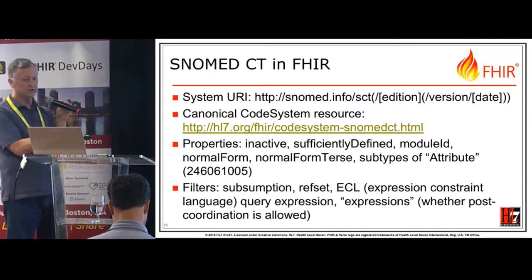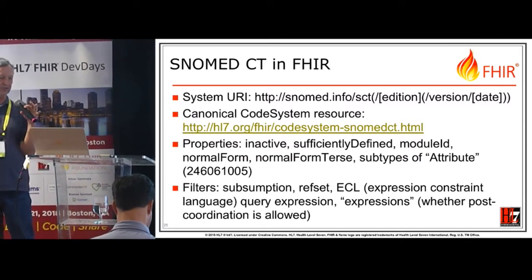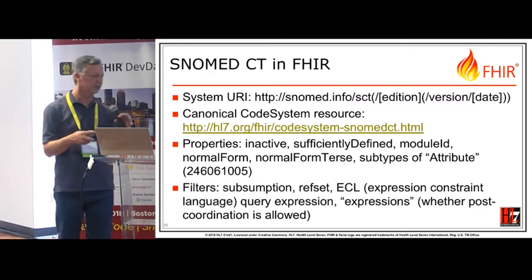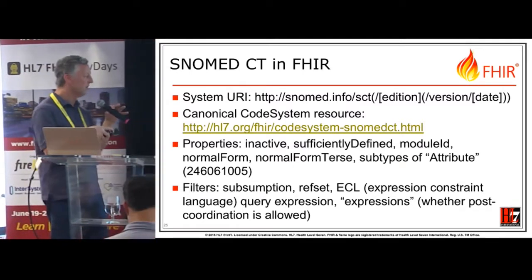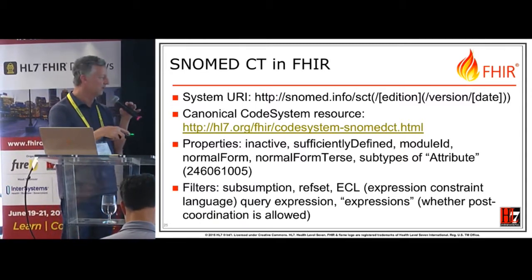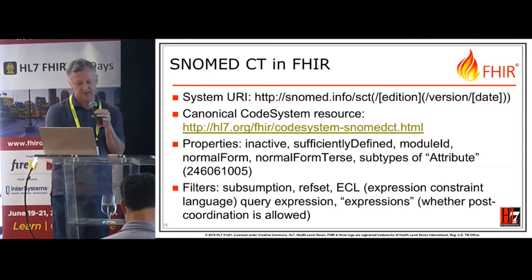HL7. There are also expressions that you can do. In SNOMED you can post-coordinate, and so you can basically build expression queries that can be used to find codes and used as a filter. And you can also say whether you allow that kind of post-coordination or not.